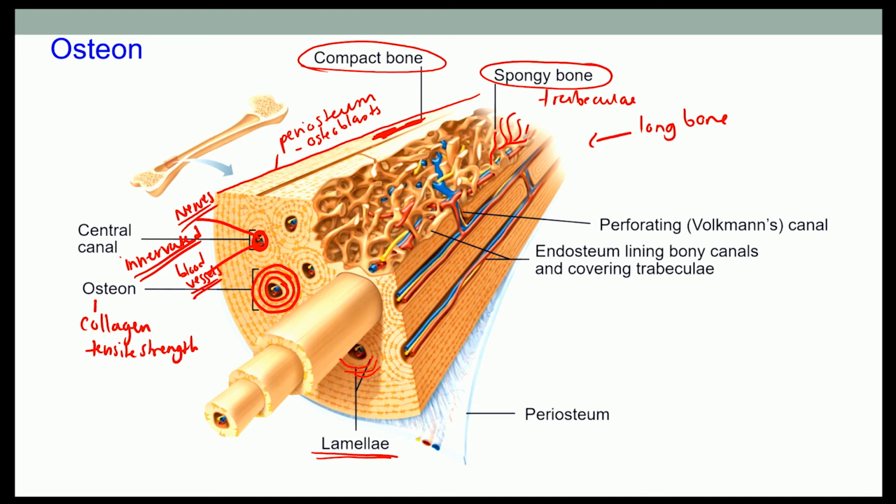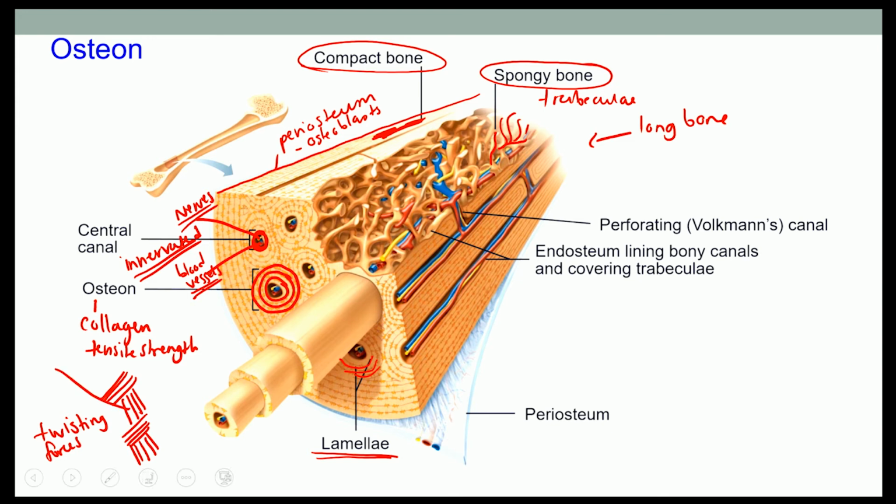And the way that the collagen is arranged within an osteon is in layers that are adjacent to each other, and it provides resistance against twisting forces. So if you're twisting, the way that the collagen is arranged will enable you to resist those forces.